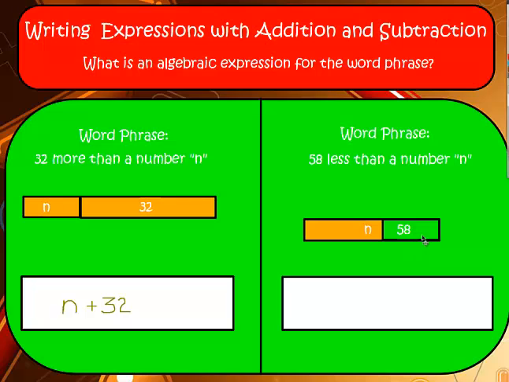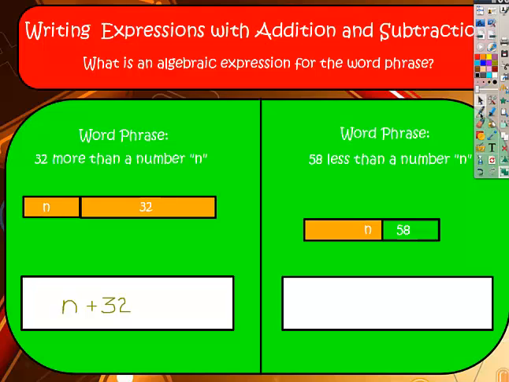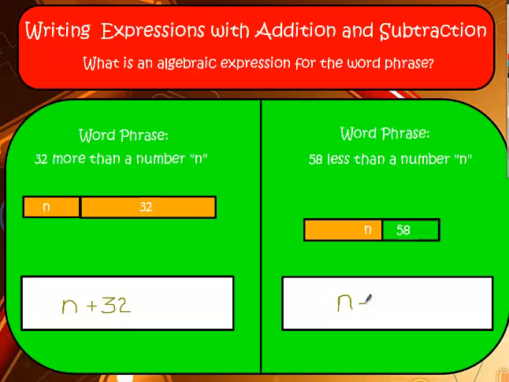So if I take all of n and I subtract 58, that would be this expression: n minus 58. So more than is going to be addition. Less than is going to be subtraction.